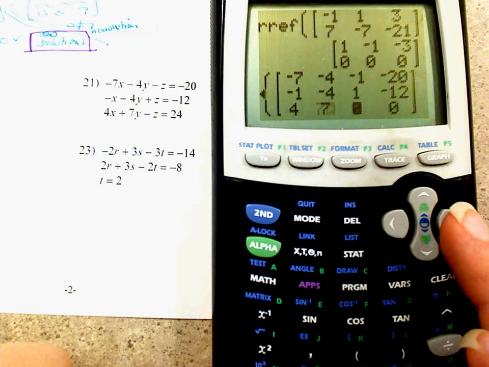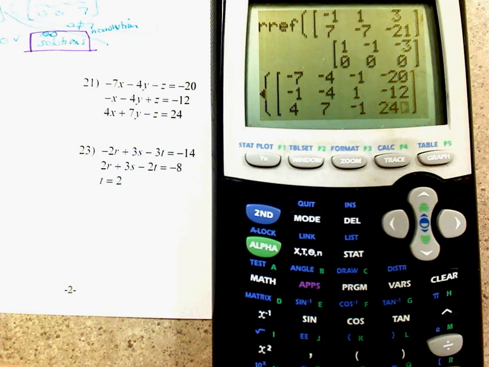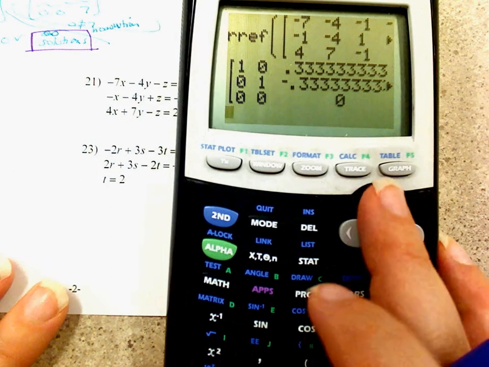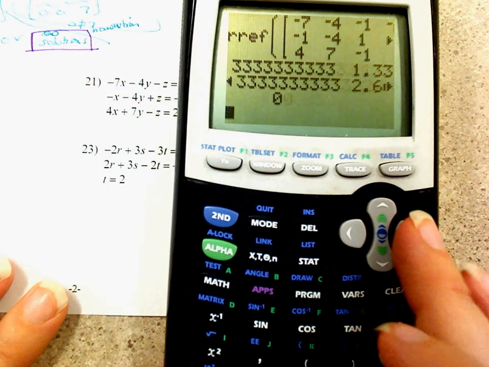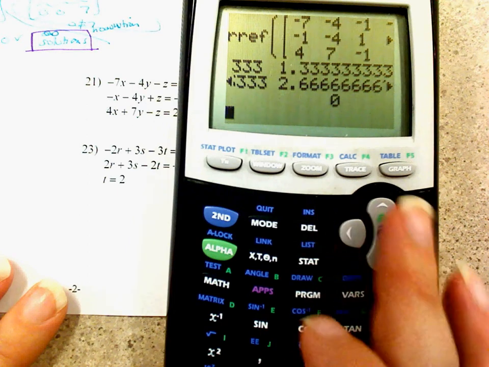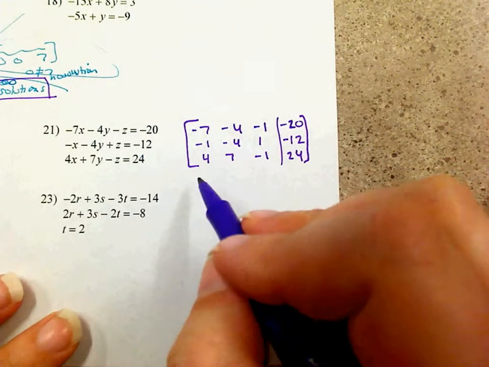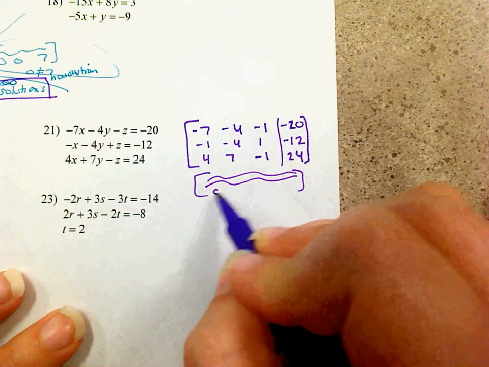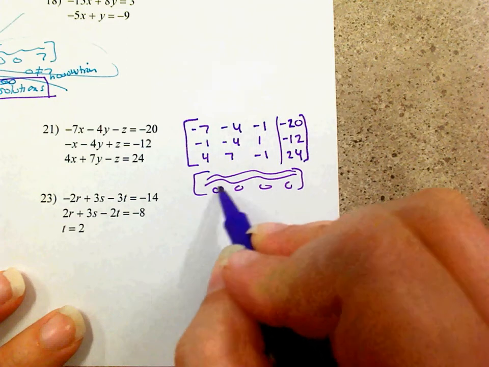Okay, I got a bunch of decimals, which makes me think maybe my answer's wrong, but then I scroll over. What do you notice on the bottom row? You have 4 zeros in a row, 0, 0, 0, 0, that means 0 equals 0. What does that mean? Infinite solutions.